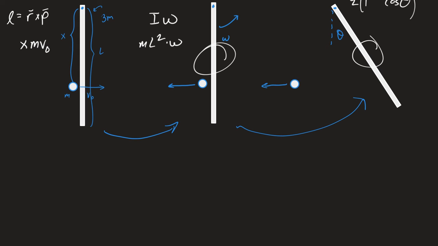Because the bar is going to rotate after this collision, it can only gain its rotational properties from the rotational properties of the ball. So we do the ball's rotational momentum relative to the bar's fixed point of axis. That's how we know. And we have to follow that throughout the problem once we pick it. You have a problem in your homework where the bar isn't fixed, it's on a frictionless table, and you'll have to use both.